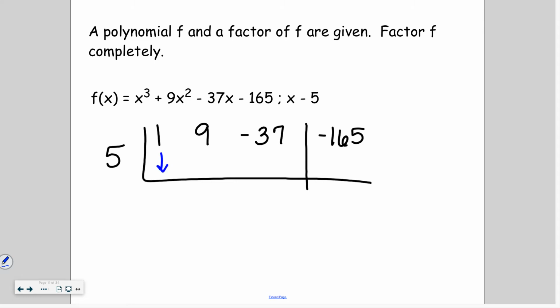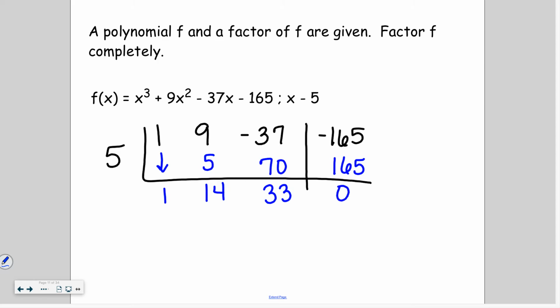So bring down the 1, that's 5, 14, 70, 70 minus 37 is 33, 33 times 5 should be 165, and it is, so that should give me 0.